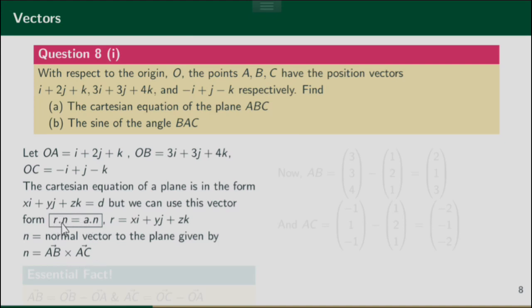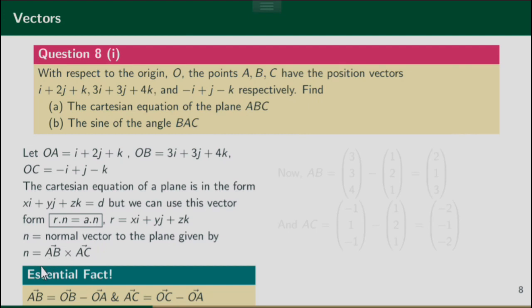So we are going to be using this equation in order to come out with the Cartesian equation of the plane. An essential fact to note here is that the direction vector AB is equal to OB minus OA, and the direction vector AC is equal to OC minus OA.